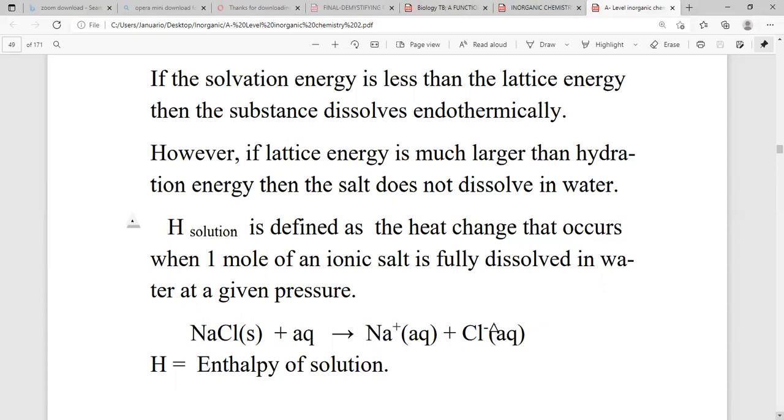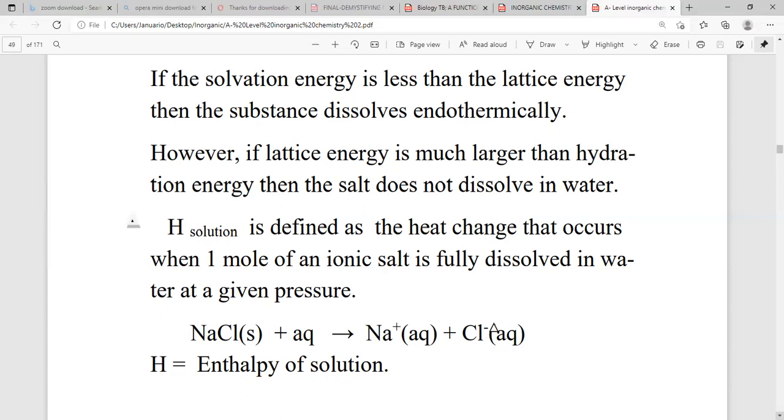Because we call the enthalpy of solution the heat change that occurs when 1 mole of ionic salt is fully dissolved in water at a given pressure. There is a heat change that will occur if the ionic salt is fully dissolved in water.